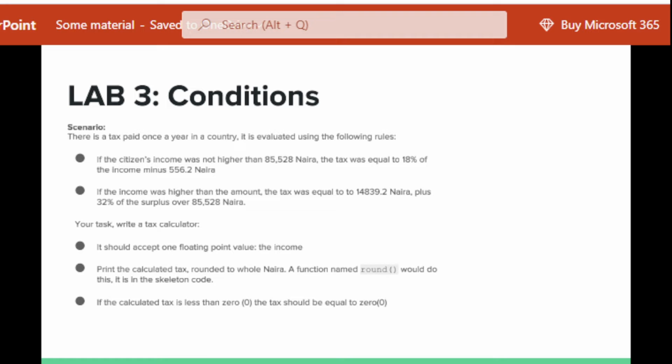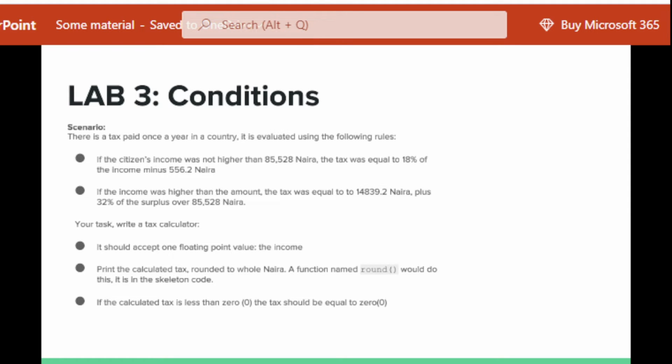Then if the income is higher than this amount, we should add 14,000 naira to 32% of the surplus. The surplus is the income minus 85,528. All right.